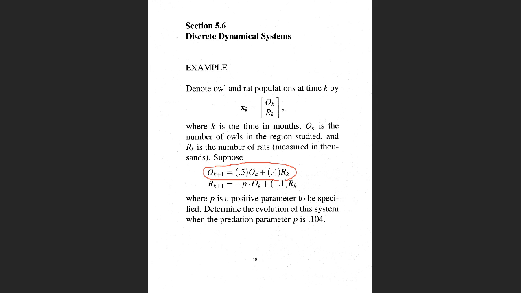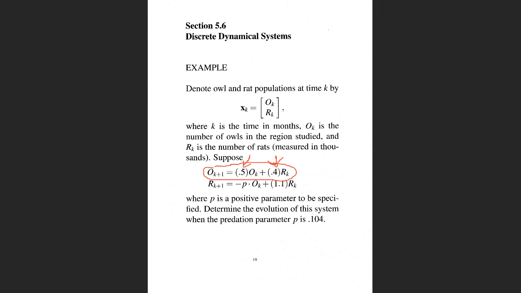So why would this be positive here? The 0.5 in front of the O sub k variable, and also in front of the R sub k variable, we have a positive 0.4.